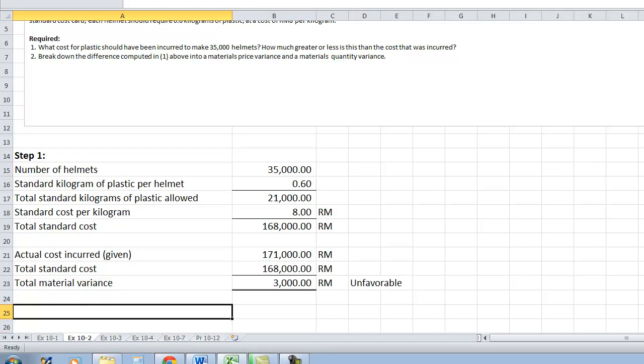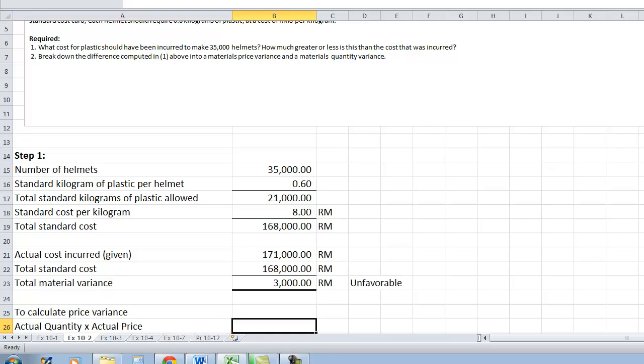Now to figure out what was price variance and what was quantity variance, we're going to have to start with the price variance. We're going to take actual quantity times actual price, which is the 171,000, right? This was actual quantity times actual price.